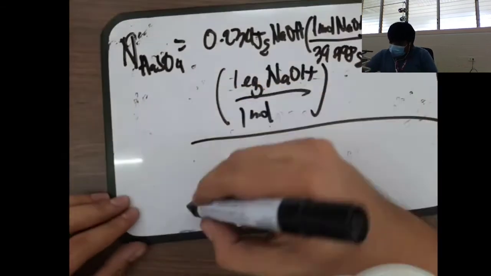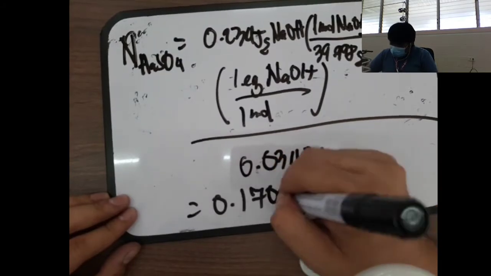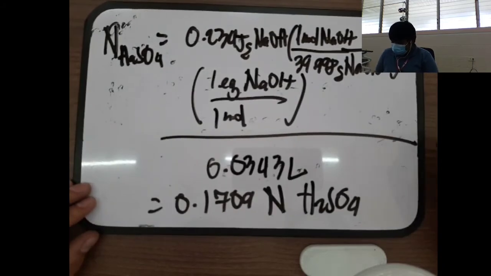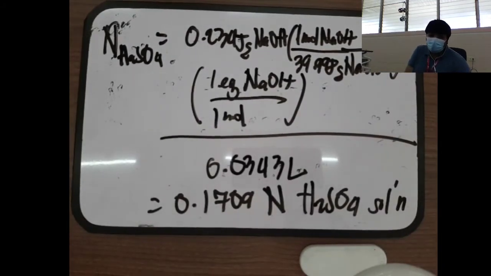And the final answer will be 0.1709 normal of sulfuric acid solution. That's it, okay? So we'll proceed to the next problem.